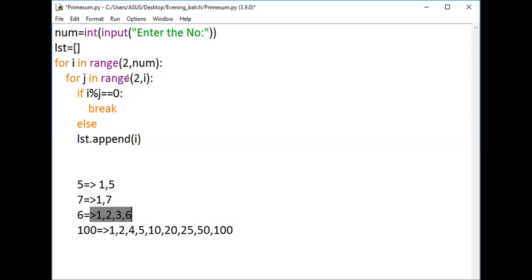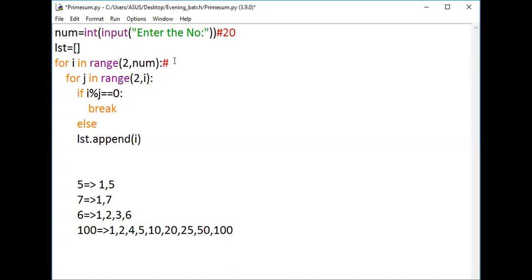What we are doing here is taking numbers from 2 to n. Assume the given number is 20. I'm supposed to generate the prime number series within 20.